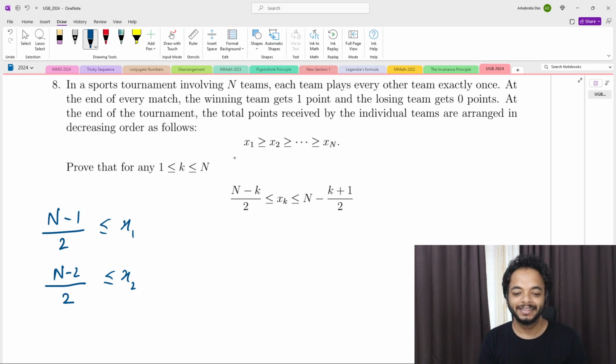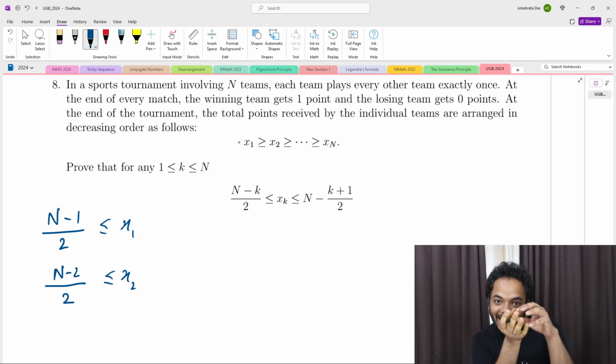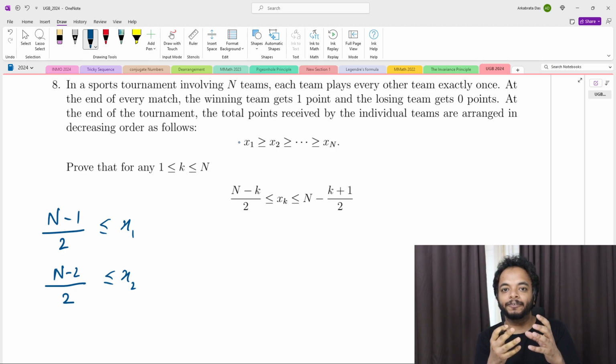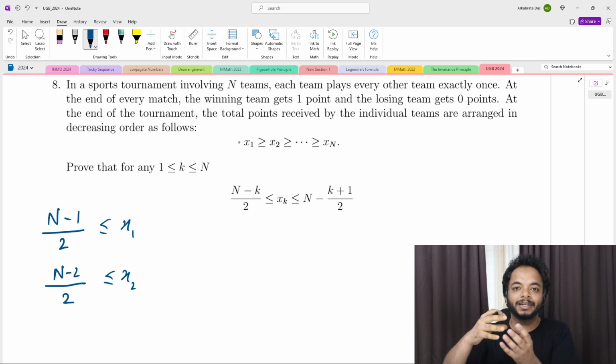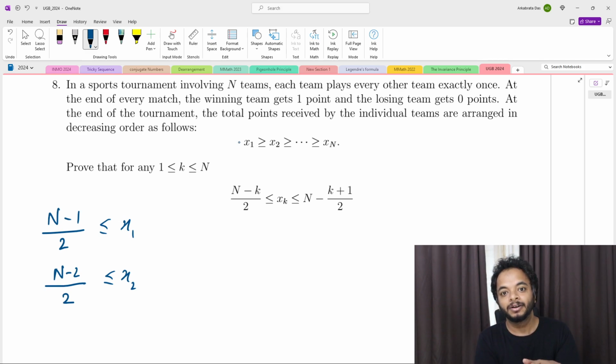Try to think that x1 is taking its minimum value. What could be the worst case scenario, the bare minimum value?